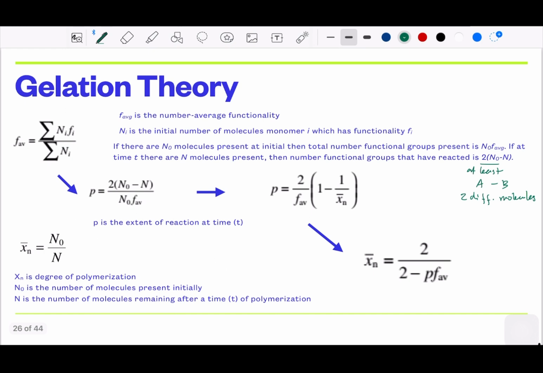And of course, from this degree of polymerization, we have some limitation on the conversion and the average. If you let this equal to 2, then it will be 2 divided by 0, right? So it will be infinite.